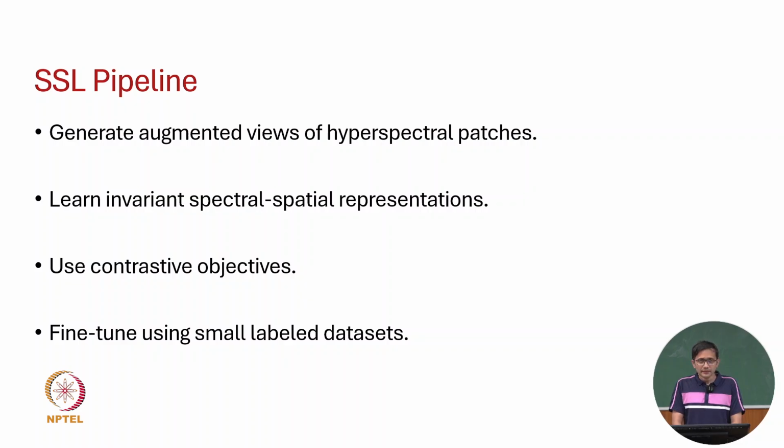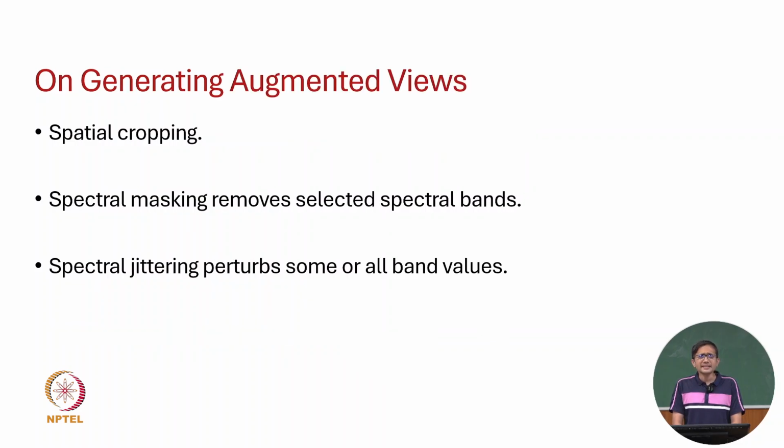Okay, now let us think a bit about how we would generate augmented views. Augmented views, as we remember from the discussion on contrastive learning based approaches, are indeed very important, right? And the augmented views should not be very similar.